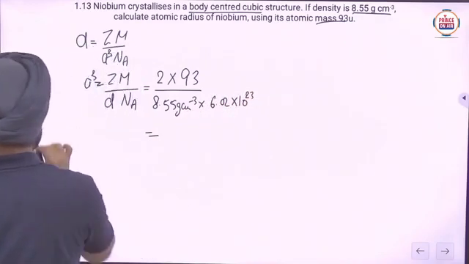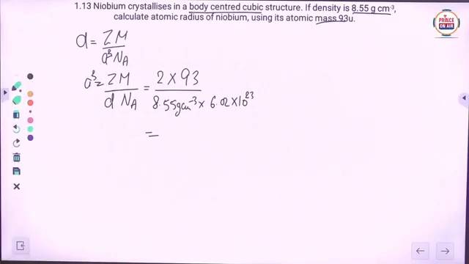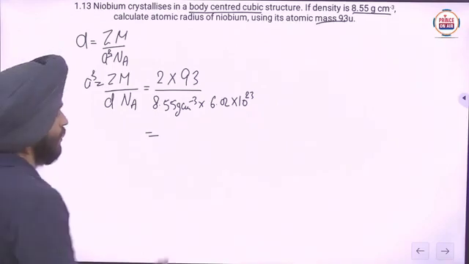Solve this value now. It comes out to be 3.612 into 10 raised power minus 23.